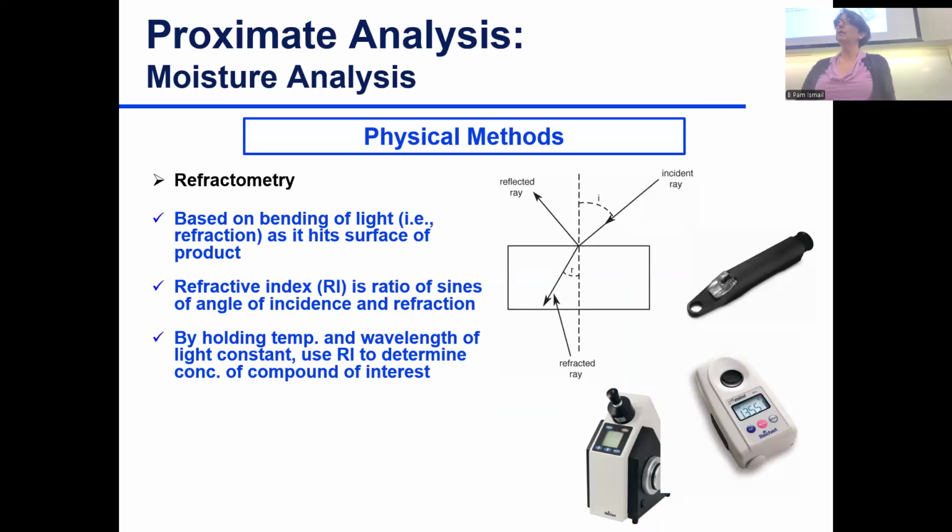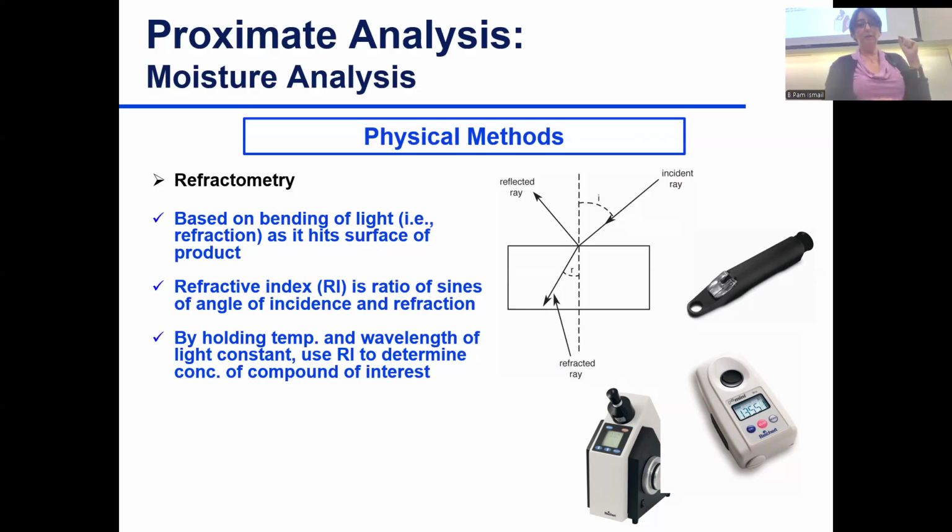Refractive index is an indirect method. We determine total solids, and then use that to get the moisture content. It is based on refraction of light that we talked about earlier during the spectroscopy section, and it's correlated with the total solids in your liquid.